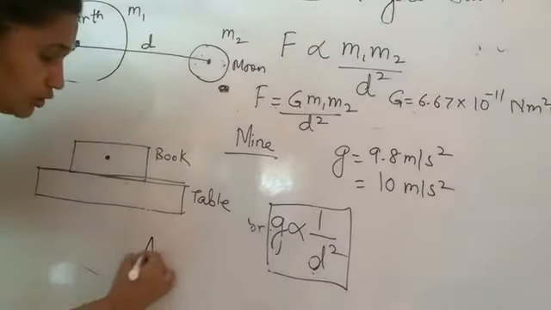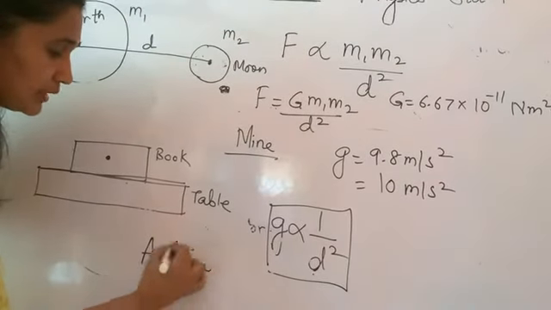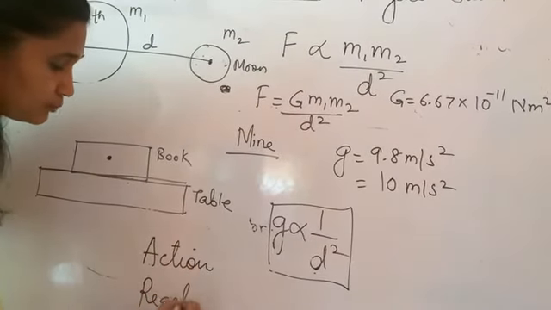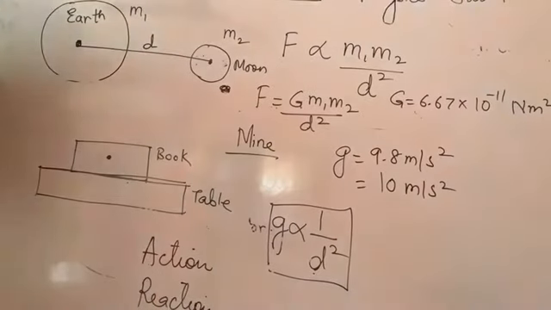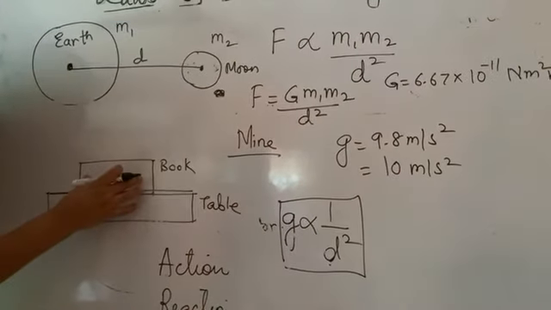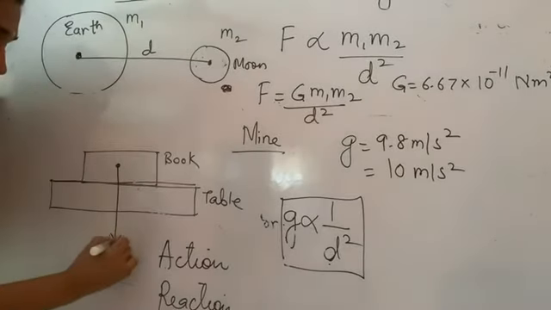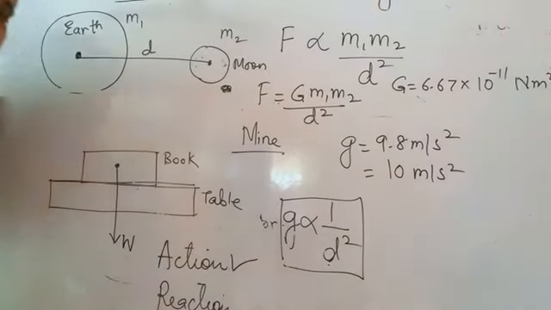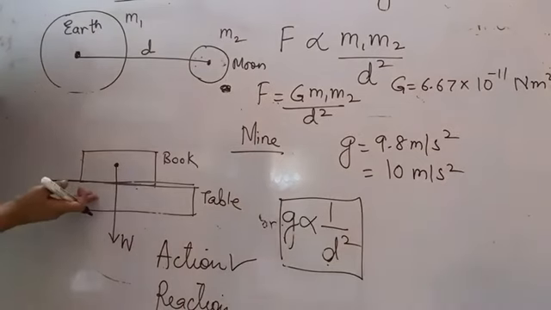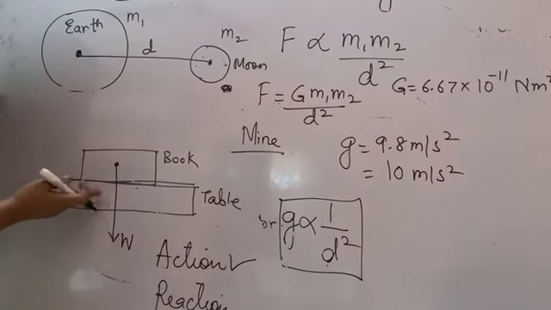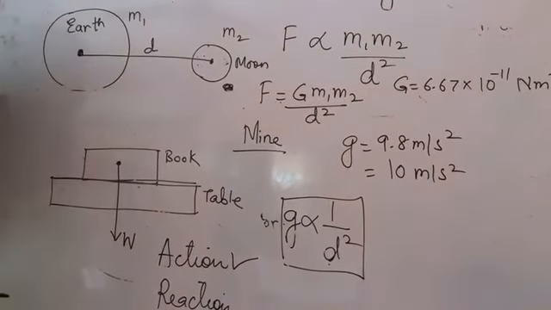In the third law, we always talk about action and reaction of a body. What is the action? The weight of the book is always pointing vertically downward, which we call the action. But what does the table do in turn? The table is also reacting back.